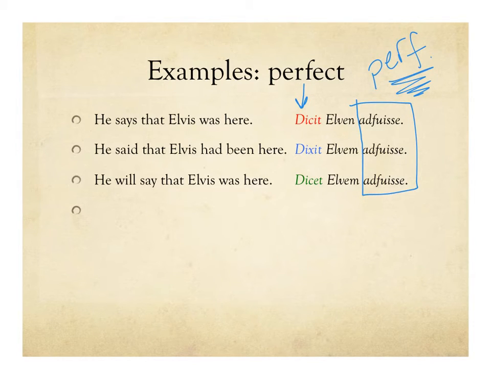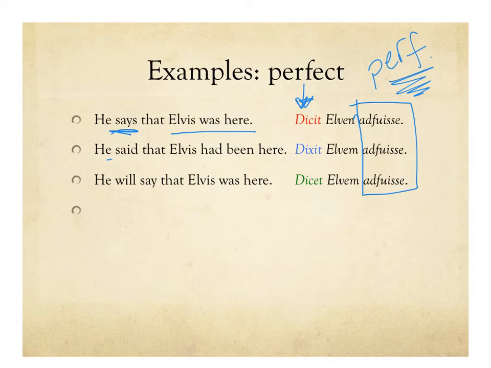So in the first example, he says right now, today, that Elvis was here. Elvem adfuisse. Oh, it should be Elvem. Look at that. So he says today that Elvis was here yesterday. Okay. This action happened before the action of the saying.